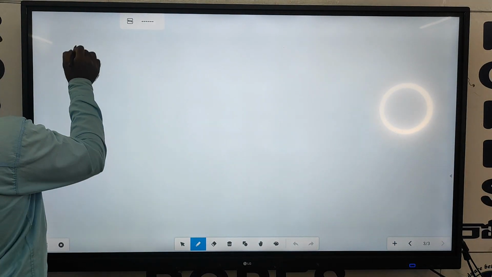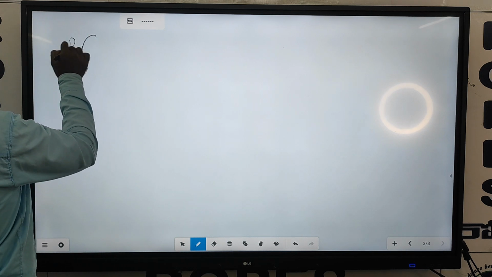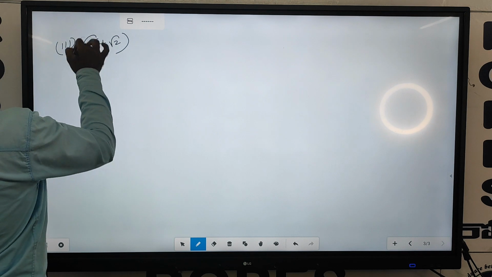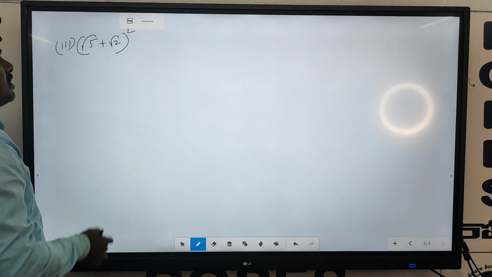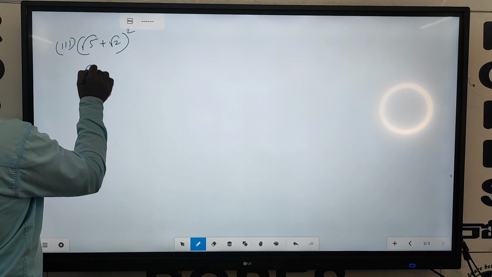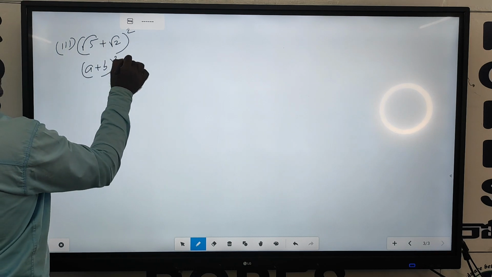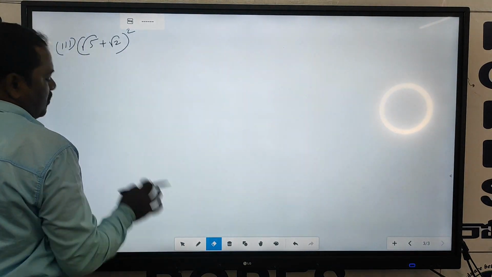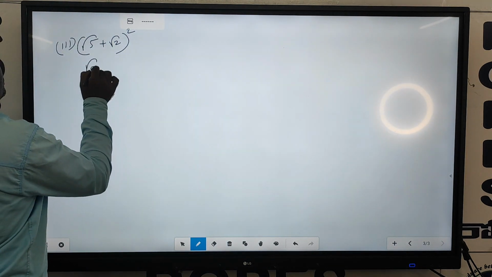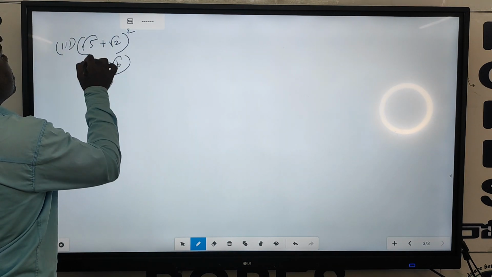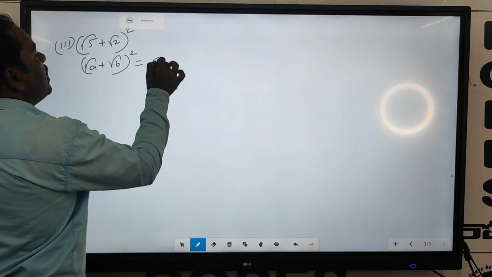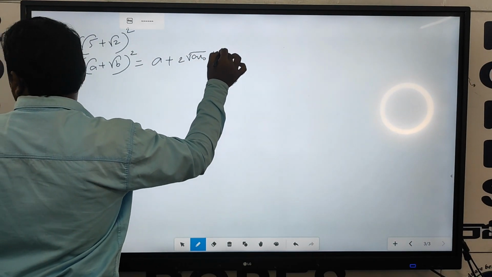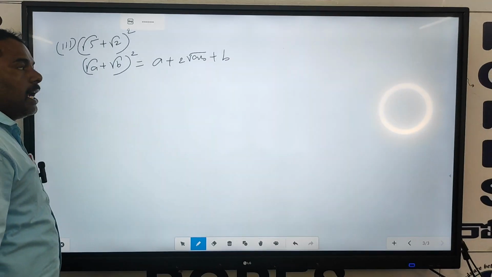See the third one: (√5 + √2)². Now we can write, (√a + √b)² = a + 2√(ab) + b.